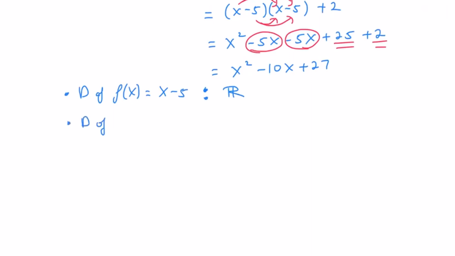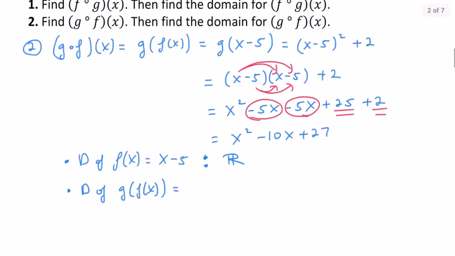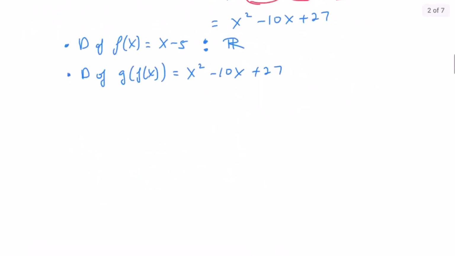The second one is the domain of g of f of x, which is what we found here: x squared minus 10x plus 27. So for this one, we don't have fraction, we don't have square root again, so this is all real numbers.